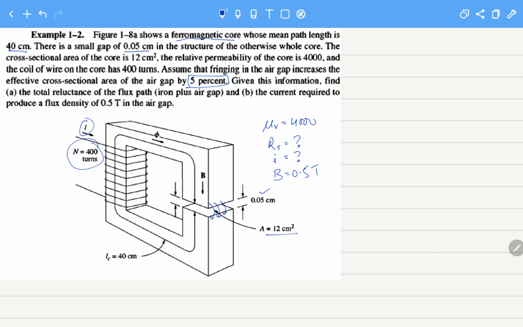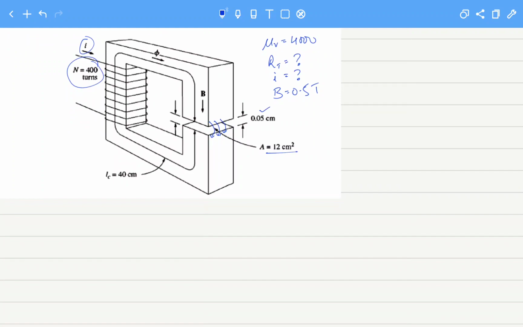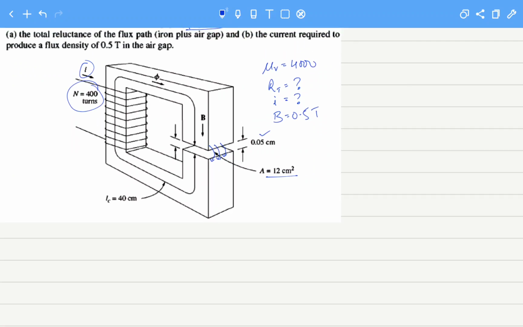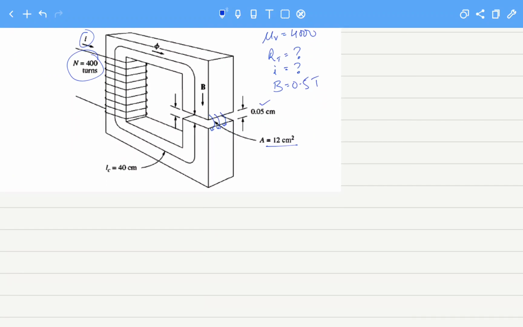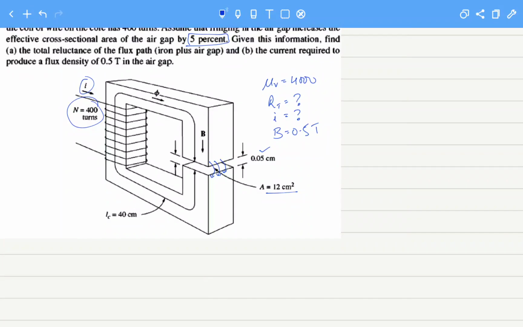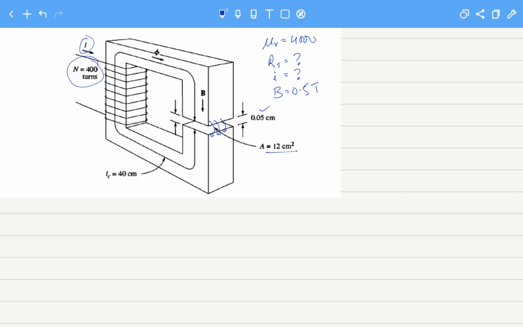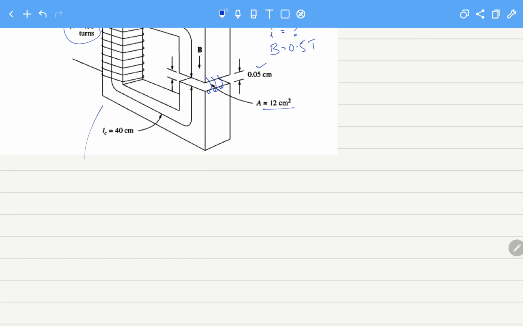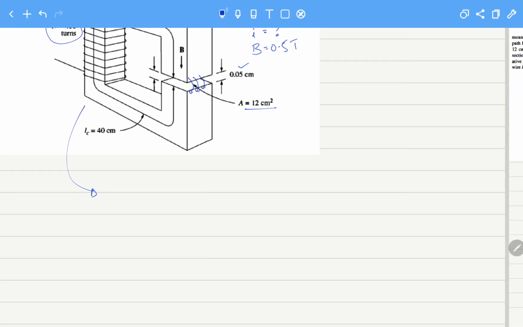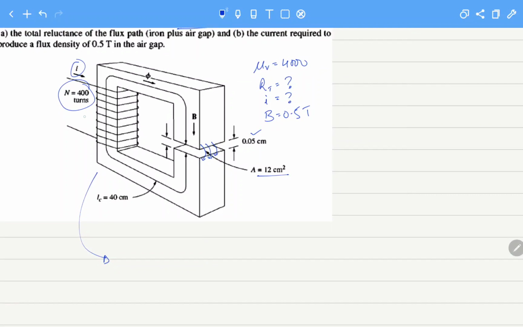So the first and basic step should be to make the magnetic equivalent circuit for the given core. So what will be the equivalent magnetic circuit? We can see that we have a core here, we have a single source, and there are two types of reluctances that are hindering the flow of flux.